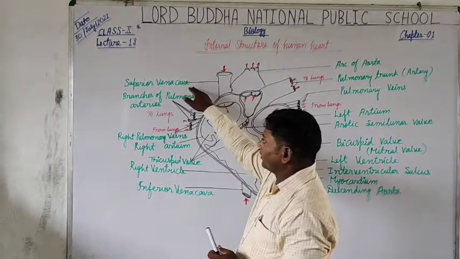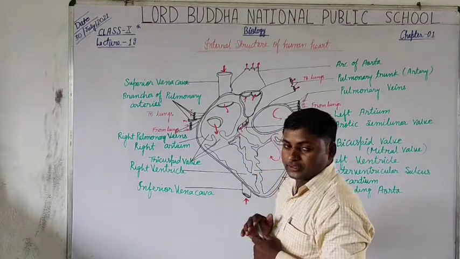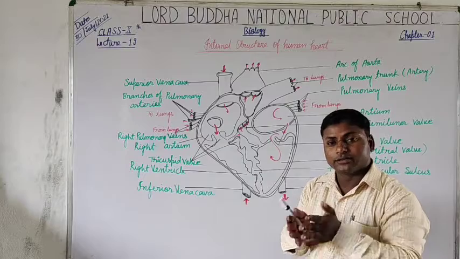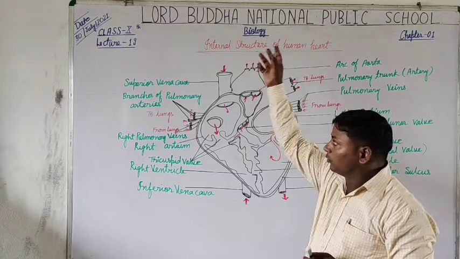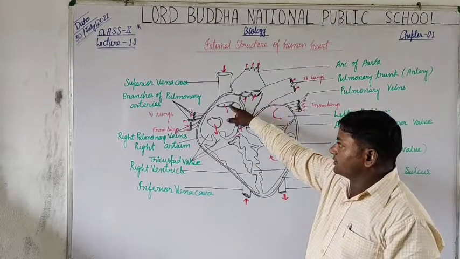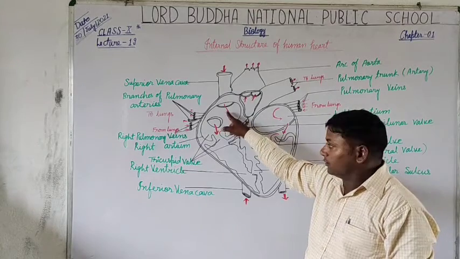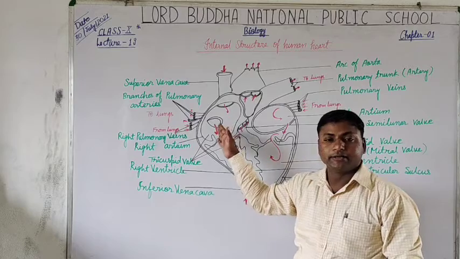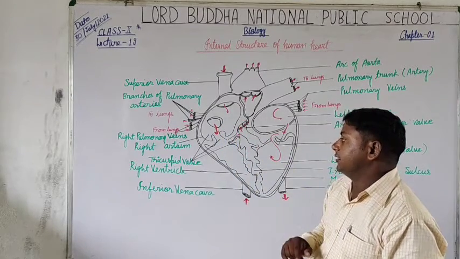So the main function of the superior vena cava is to receive the venous blood or deoxygenated blood from the whole part of the body and send it to the first chamber of the human heart, that is the right atrium.